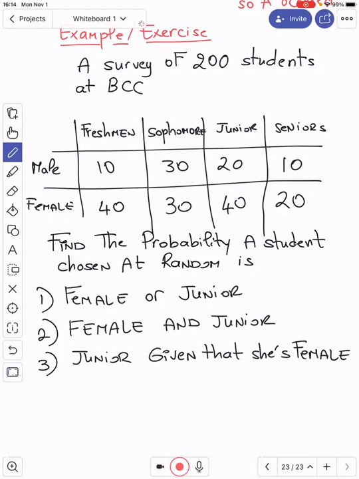And four, switching junior and female, female given that she's a junior.